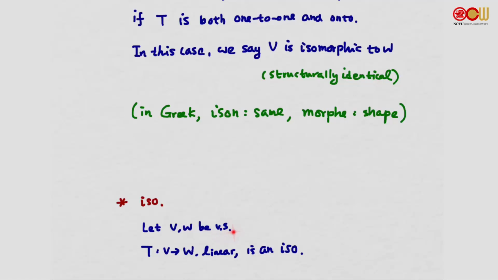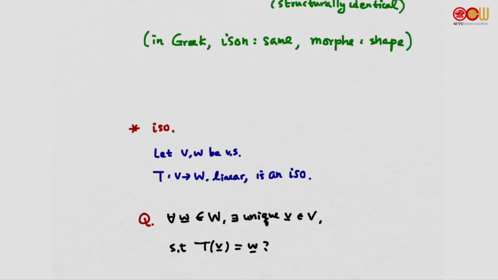V and W are vector spaces, and T is linear, and it's an isomorphism from V to W. A question.